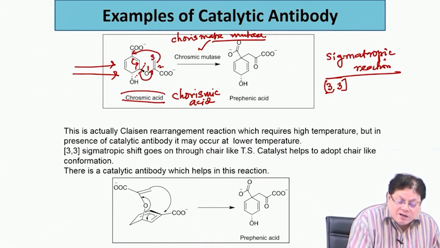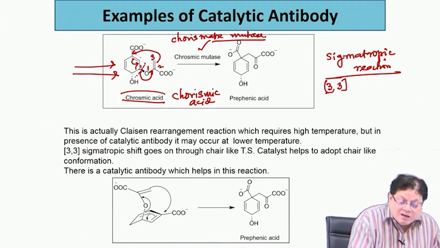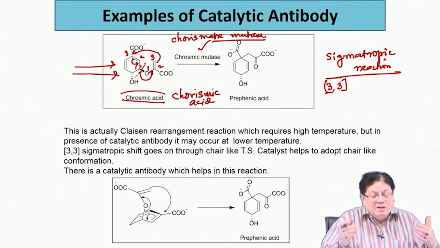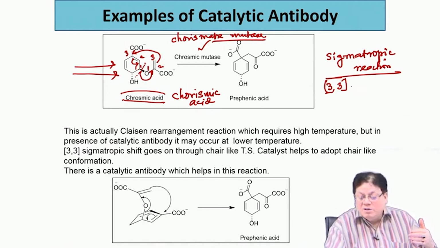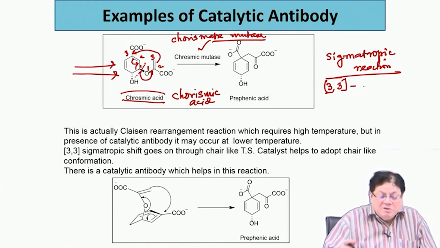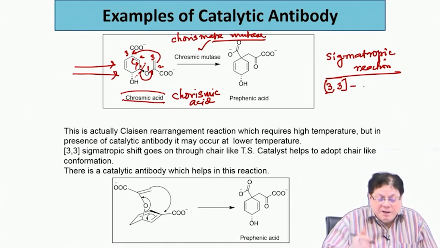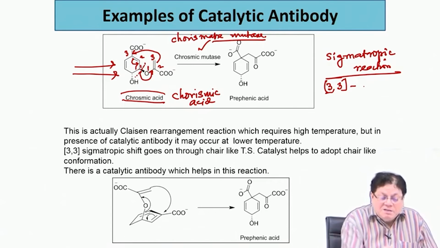So, this becomes 3 and this is also 1, and that is 2 and that is 3. So, ultimately 3 and 3 carbons are combining with each other. That is why this is called a 3,3 sigmatropic shift. Okay.